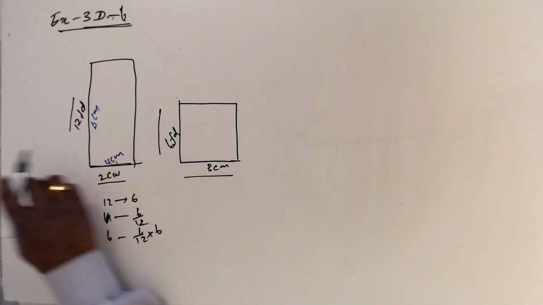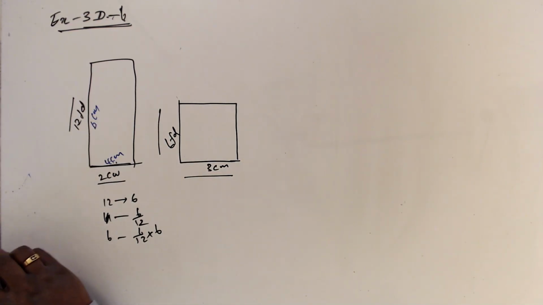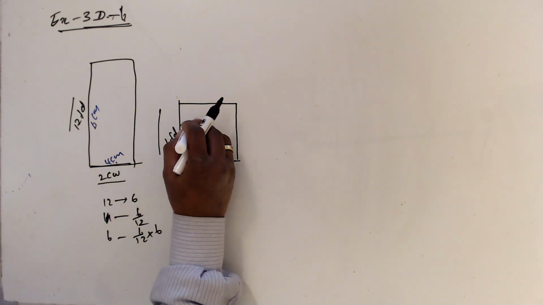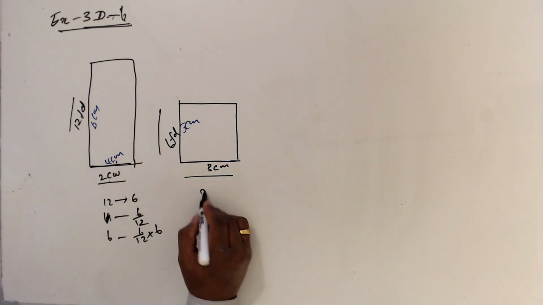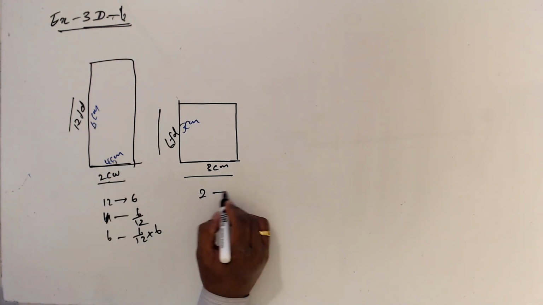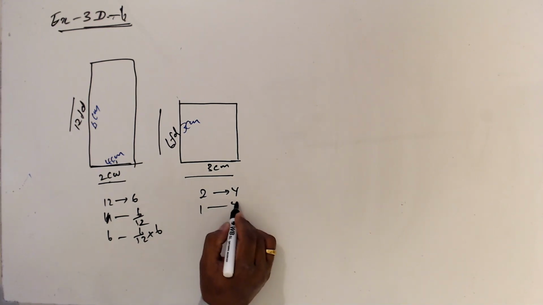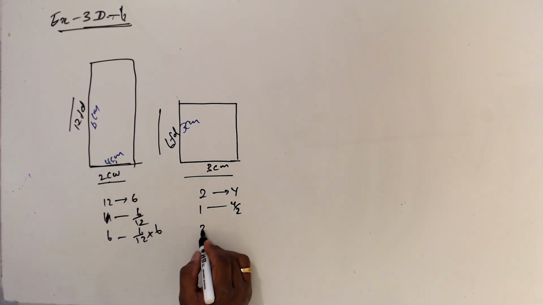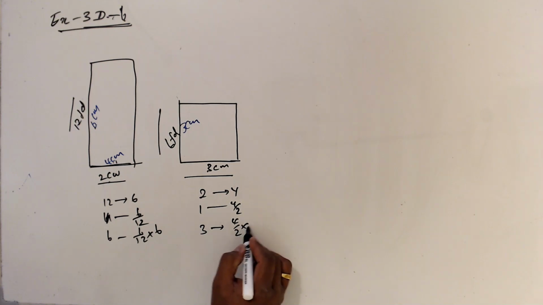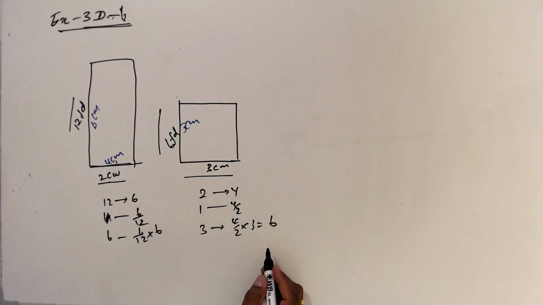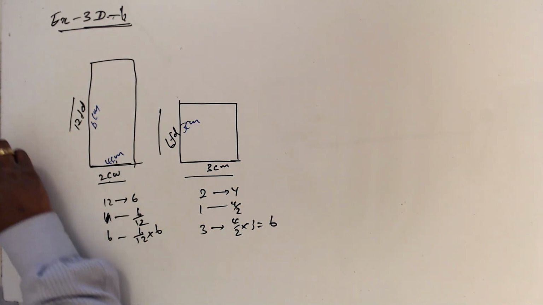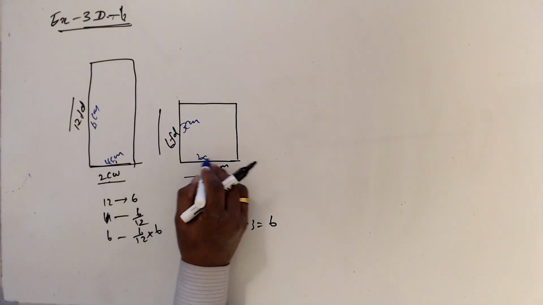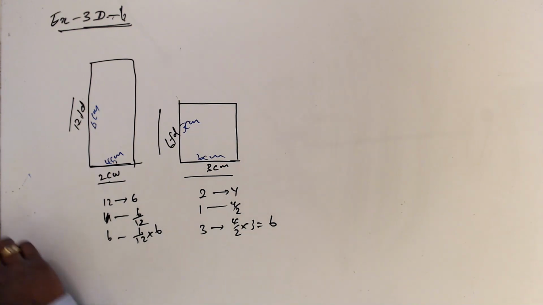This is 3 centimeters. And 2 is represented by 4, 1 is represented by 4 divided by 2, then 3 is represented by 2 times 3. That is 6 centimeters. That's the sum.